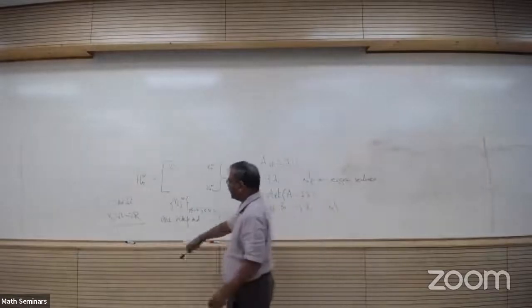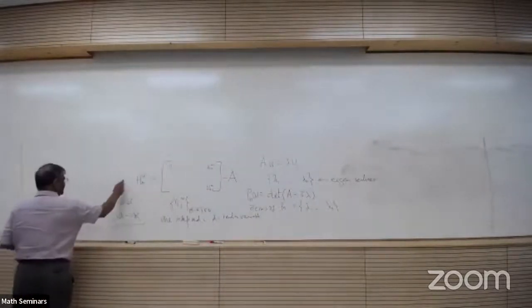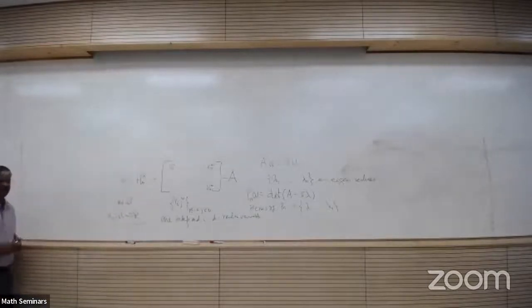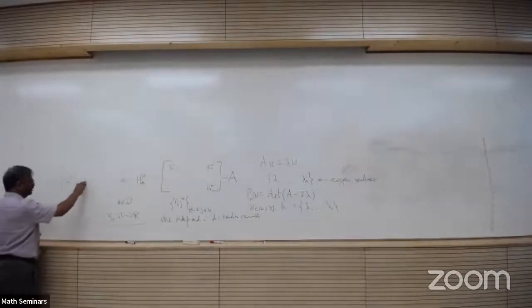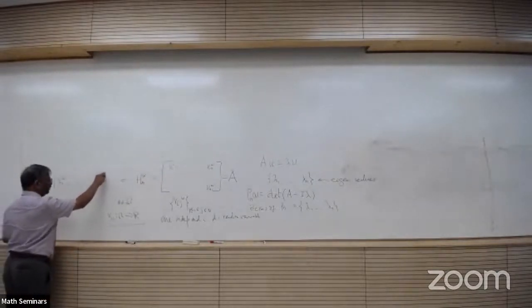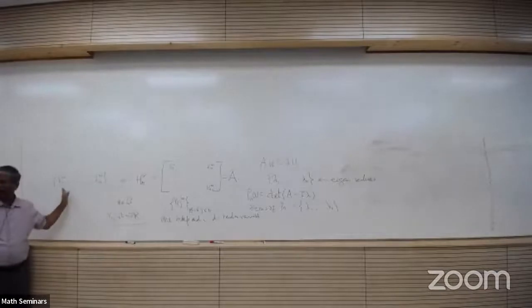If you fix a parameter omega, then such a matrix will have eigenvalues lambda 1 of omega and so on, lambda n of omega. These eigenvalues are themselves random variables.